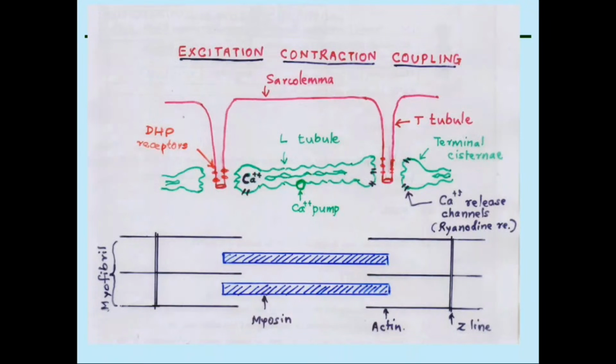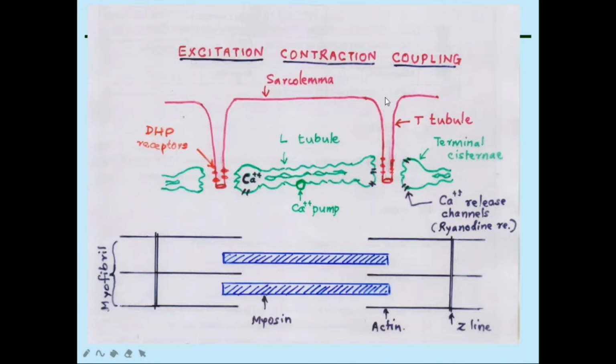Right. Now going back to the diagram. So these are the dihydropyridine receptors present in the T tubules. These DHP receptors act as voltage sensors. They detect the change in voltage, and as they detect the change in voltage or as there occurs depolarization, these sensors activate the ryanodine receptors, which are the calcium release channels in the L tubules.